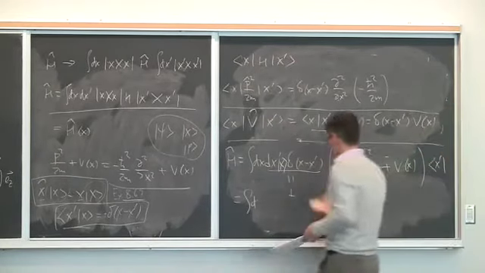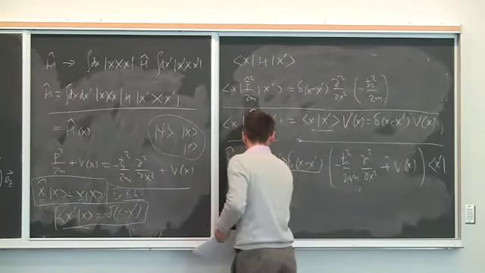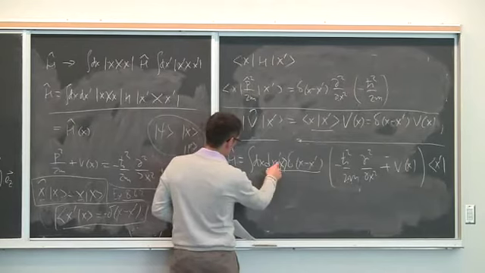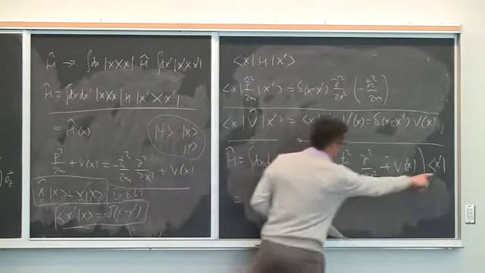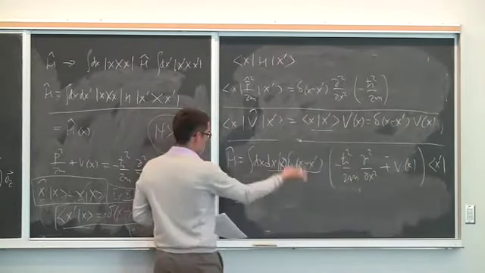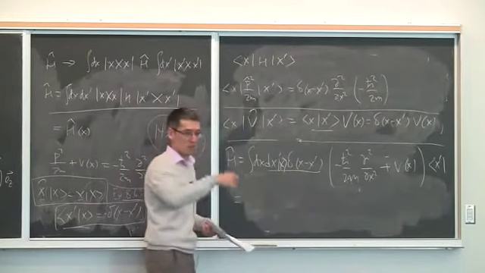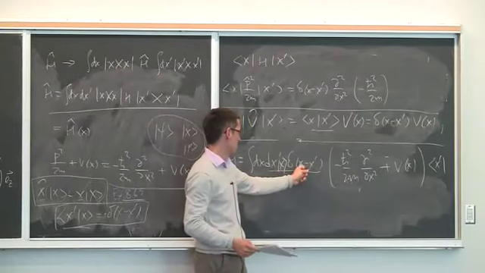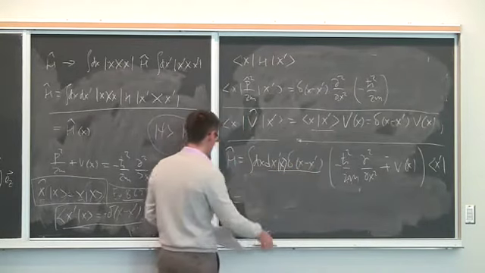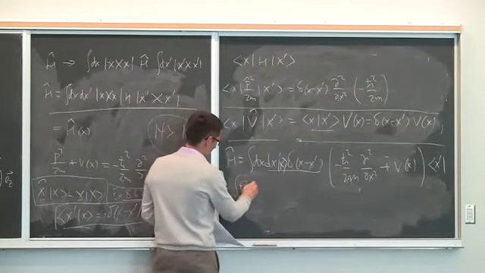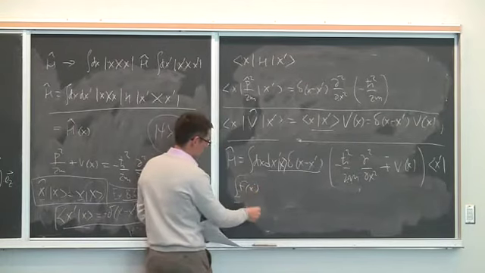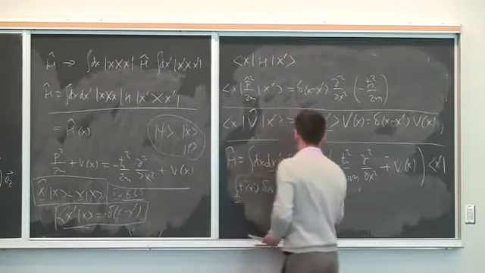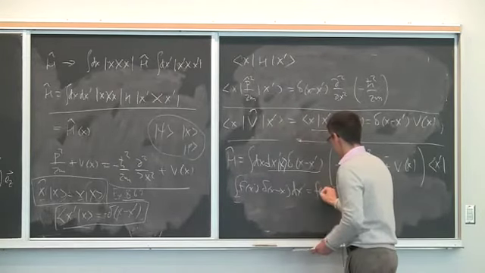So let me do this carefully. What we do here is dx prime with the delta function and this x prime. When we integrate, what the delta function does is turn everything which has x prime into x, right? By definition, the integral of f of x prime integrated with x minus x prime dx prime is just f of x.